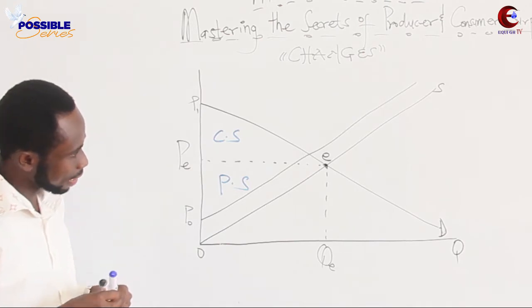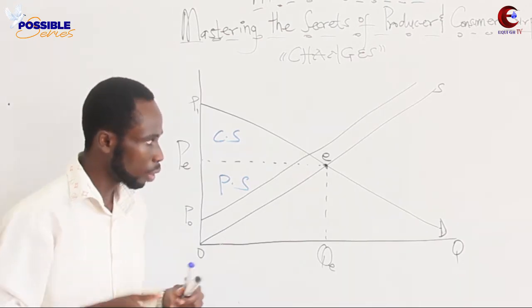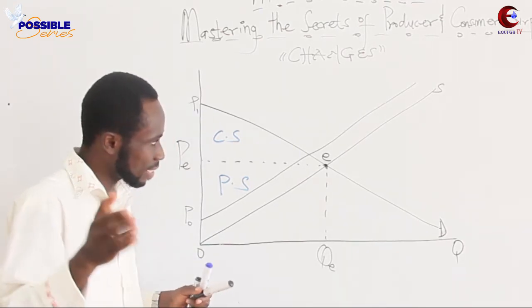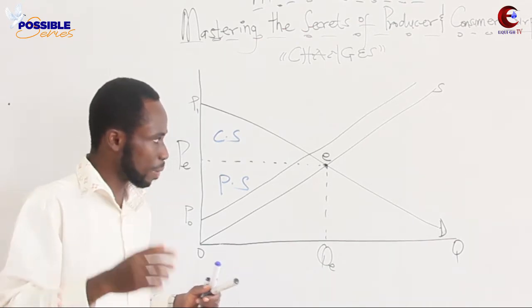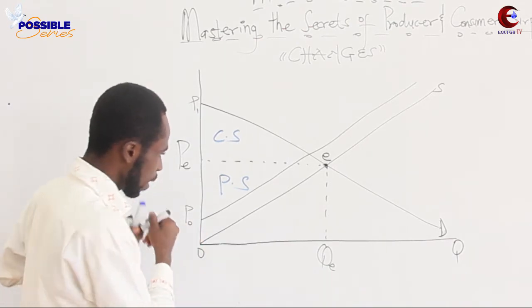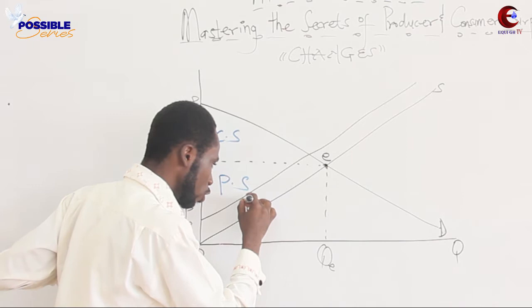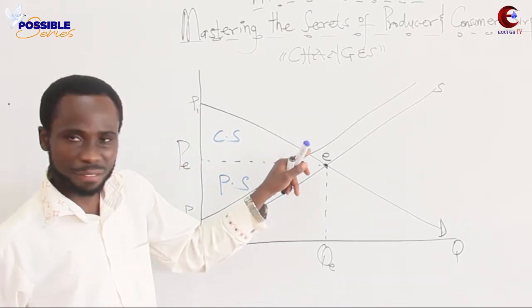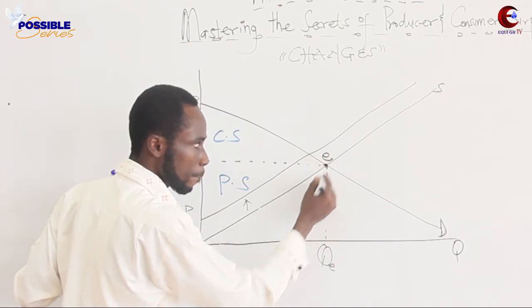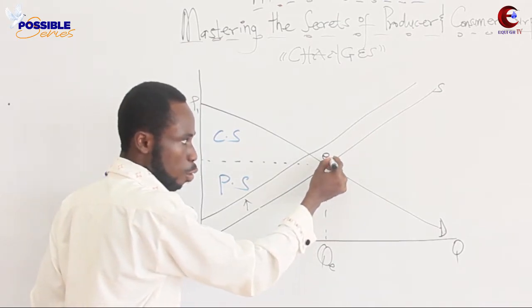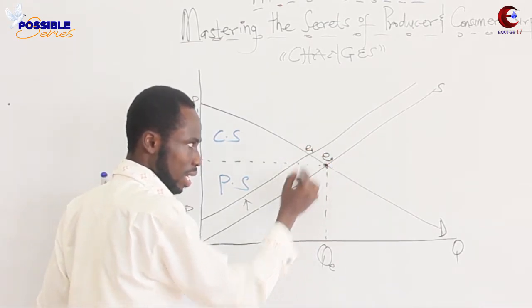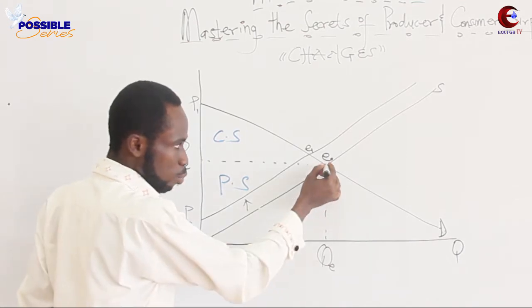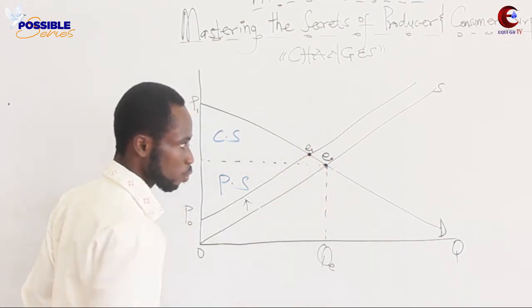We could see that the supply function has moved or shifted to this portion, and because of the shift in the supply function, the equilibrium also has moved from here to here. Can you see it?